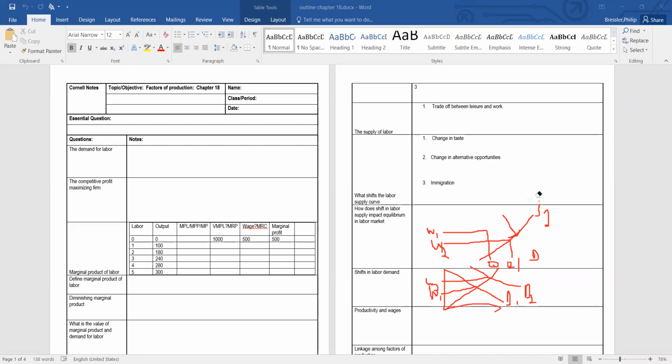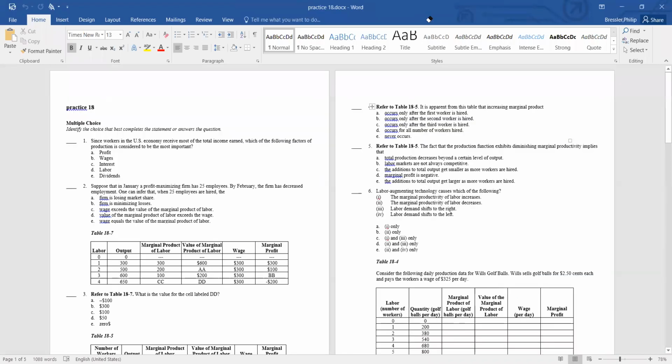So that's basically the chapter. I'm now going to flash up the practice quiz. If anyone has questions on either the chapter or the practice quiz, you could turn on your mic, or you could just type them into the chat.